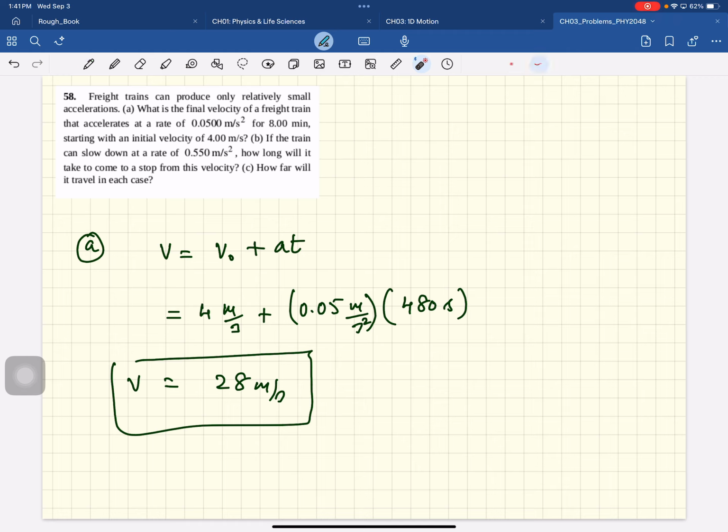So it's going at about 28 meters per second. And here's a good thing to remember, sort of 10 meters per second is roughly 25 miles an hour. So this is about 75 miles an hour. Okay.